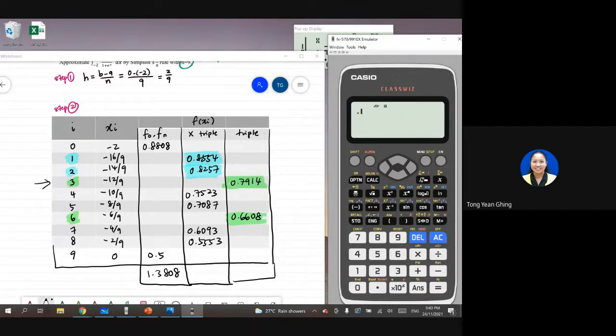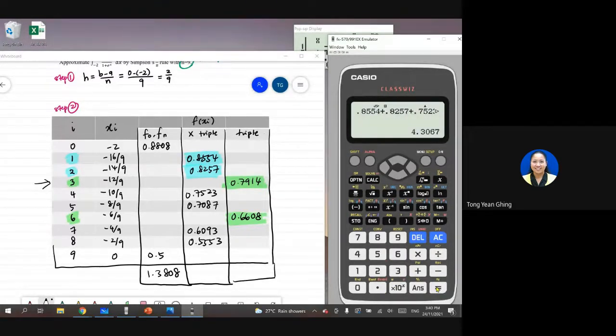0.8554 plus 0.8257 plus 0.7523 plus 0.7087 plus 0.6093 plus 0.5553.